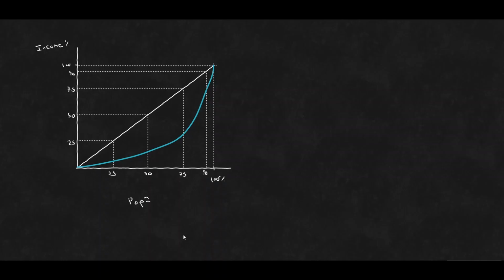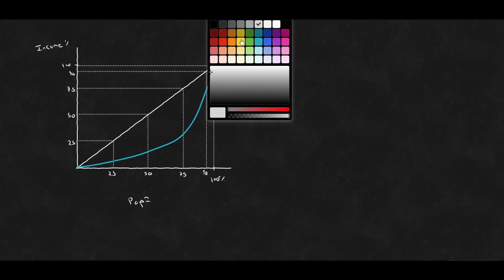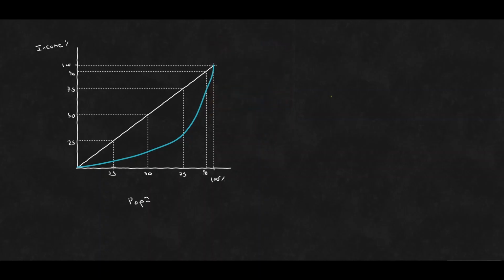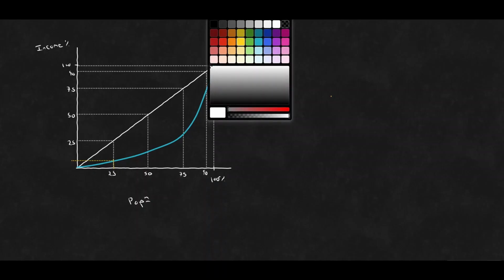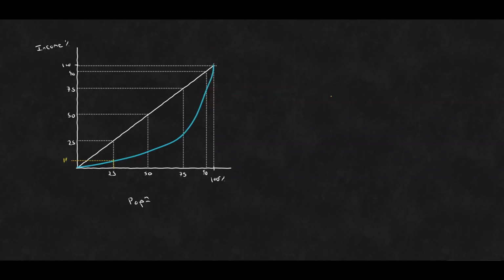We would say, okay, the bottom 25% of the population, we go up to the Lorenz curve, bring that across, and maybe that is approximately 10%. So the bottom quarter only actually earn about 10% of the total income altogether.